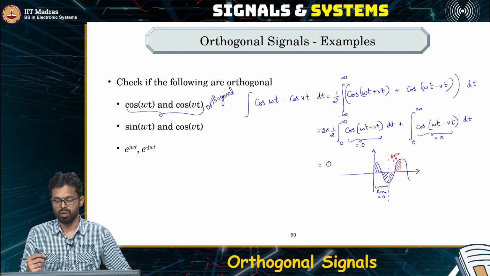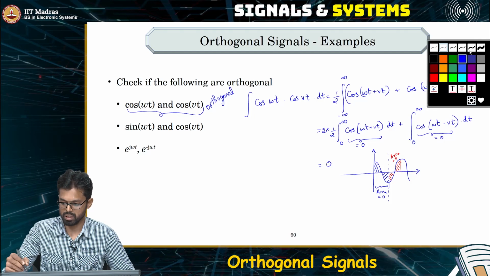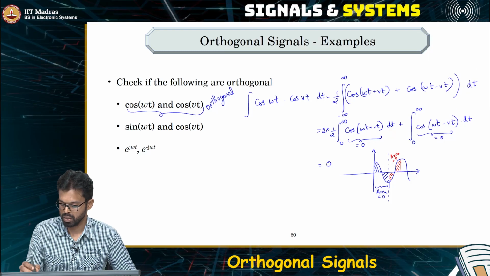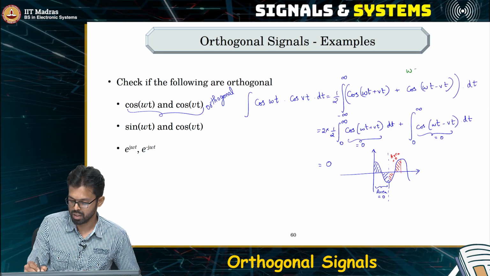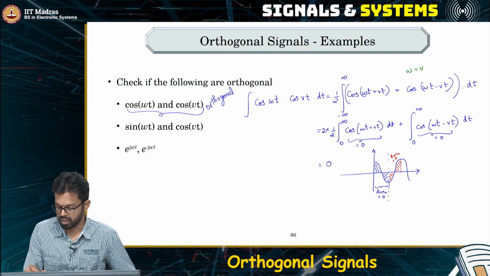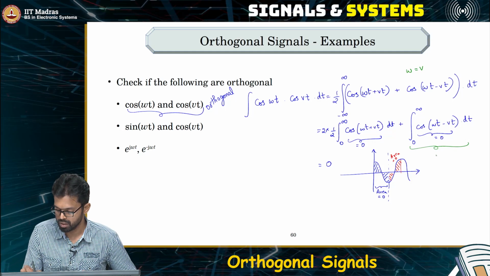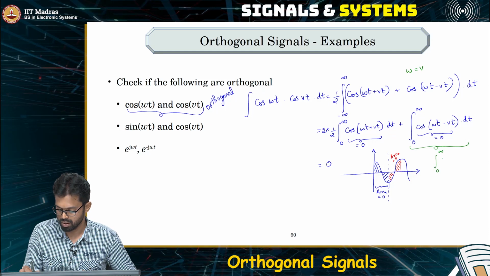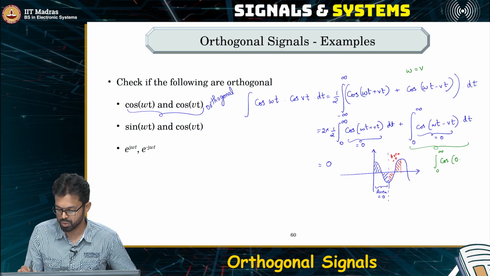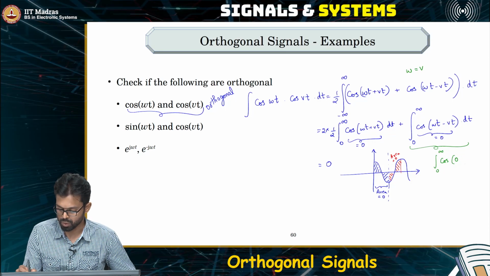Now what if omega is equal to v? So that is an important case that we have to think about. So let us say that omega is equal to v. If omega was equal to v, then this integration here will have cos of 0 times t, or cos 0.